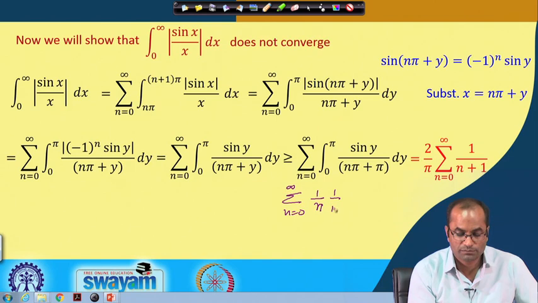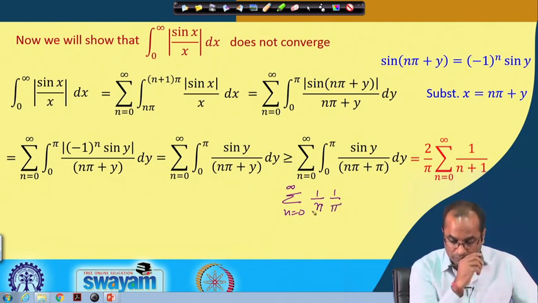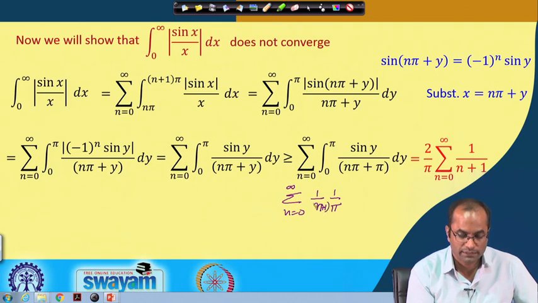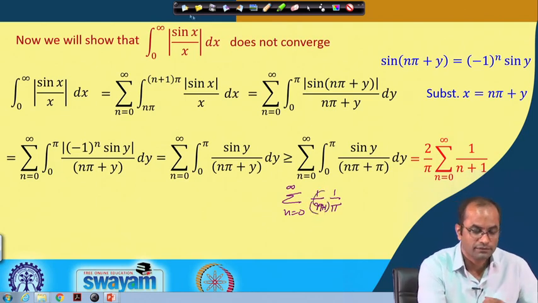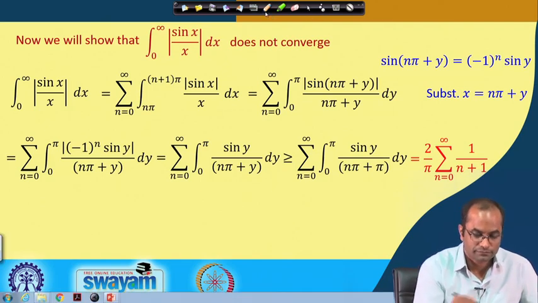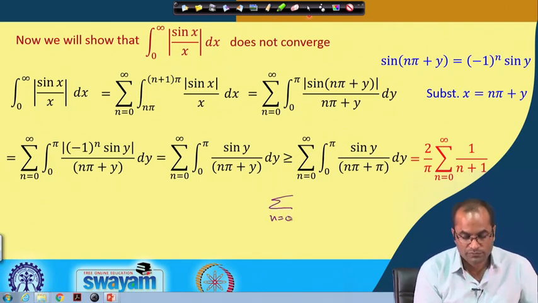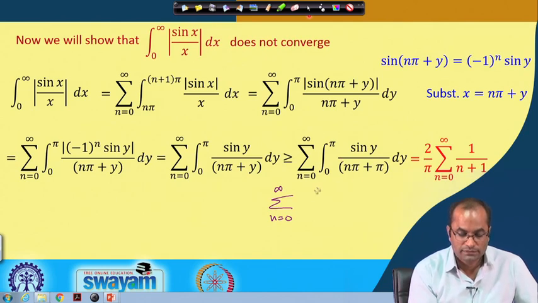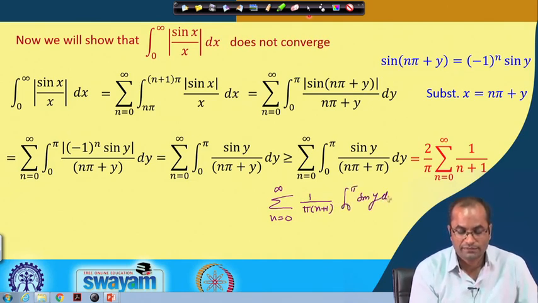So, we have also this π here, so 1 over π and n + 1. Again, let me write down: the summation n goes from 0 to infinity, 1 over π and n + 1, and the integral 0 to π, and we have this sin y dy.